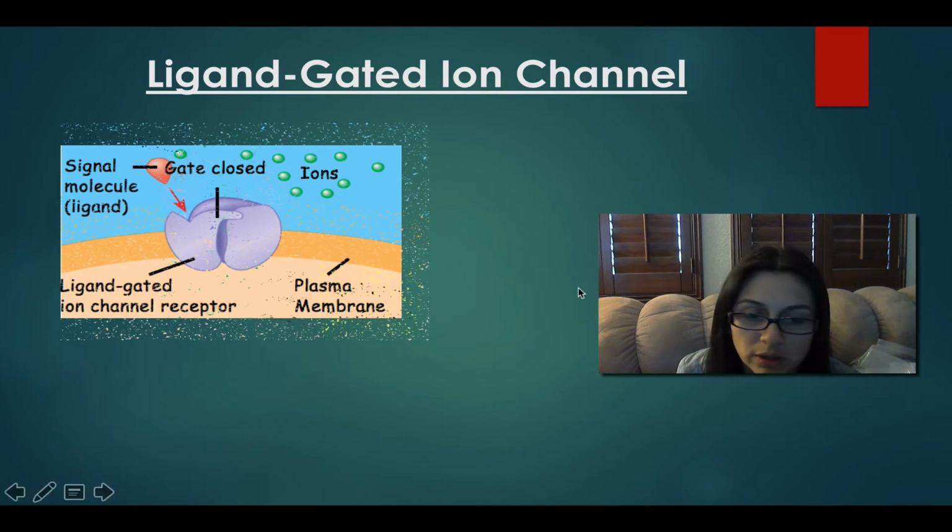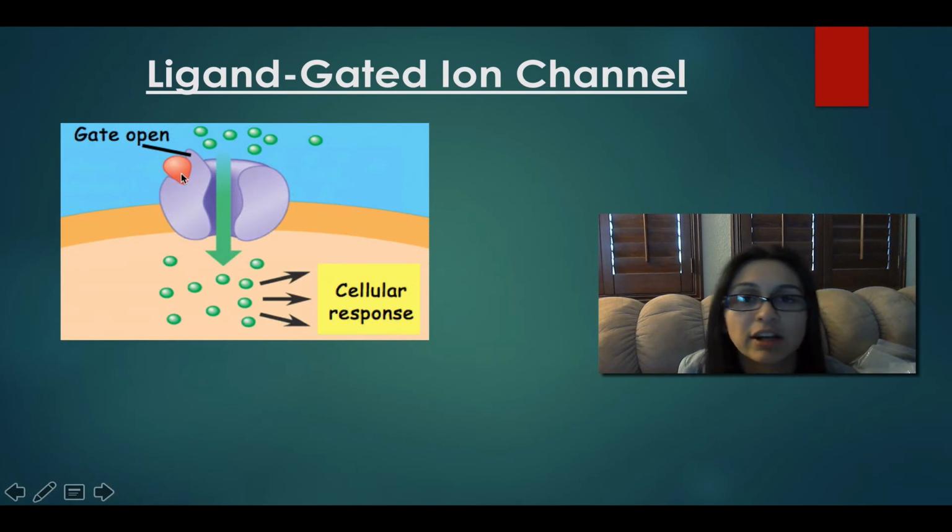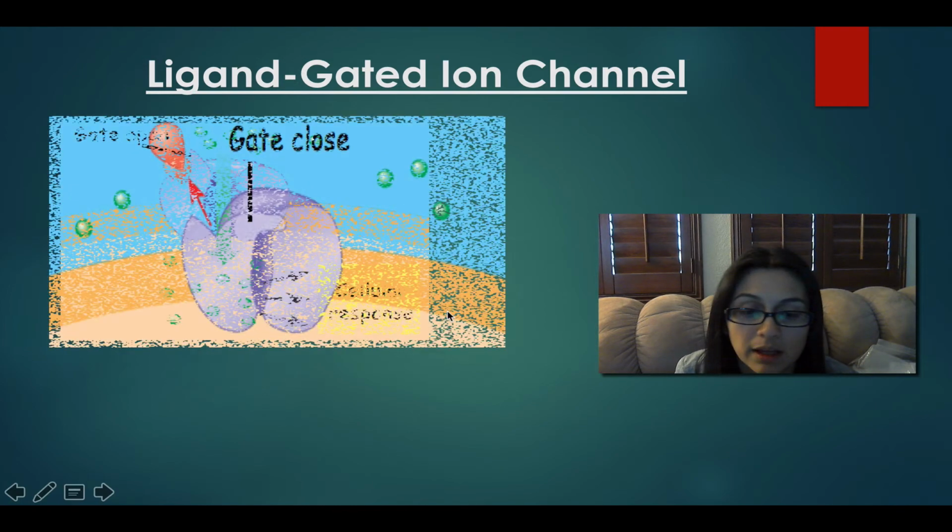But when you bind the ligand, it causes the protein to be modified, so the receptor protein gets modified, it changes shape, and as a result of its changing shape opens up the protein, allowing ions to flow into the cell. And when that happens, those ions can activate different types of cellular responses, so change different things that are going on in the cell.